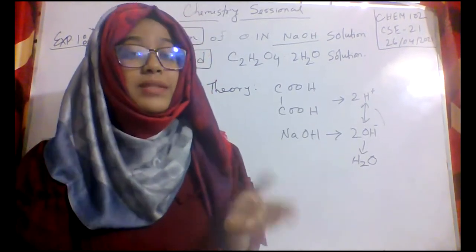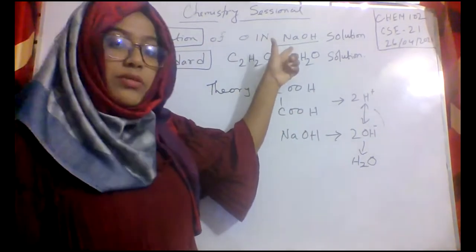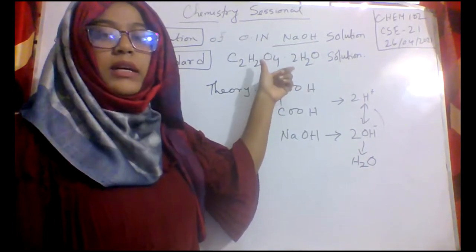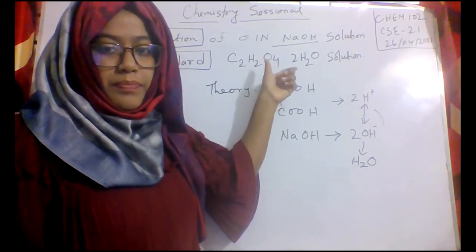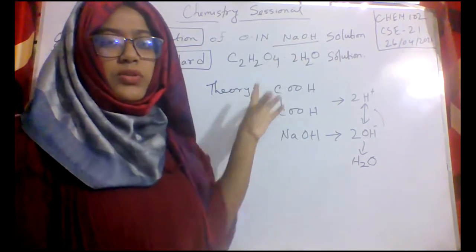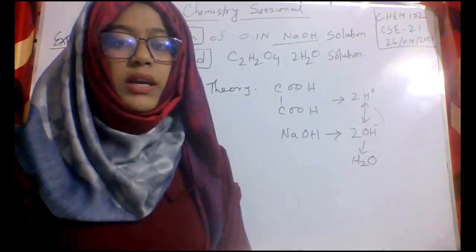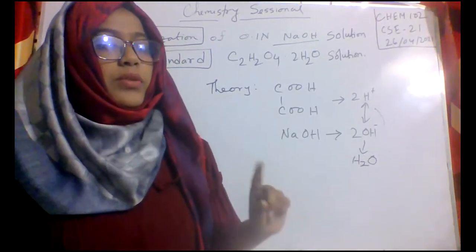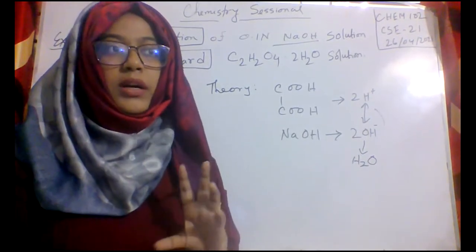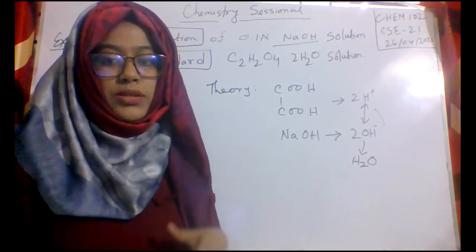It depends on the strength of the acid and base. Here sodium hydroxide is the strong base and oxalic acid is the weak acid. For a strong base and weak acid, generally we can use the phenolphthalein indicator, because phenolphthalein can be ionized or can dissociate in a basic solution.